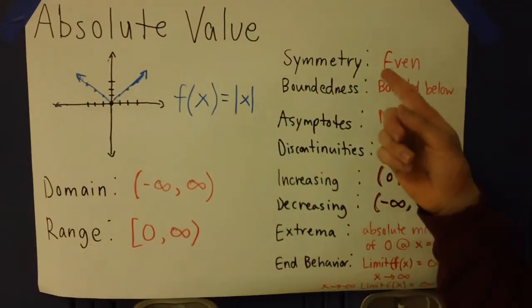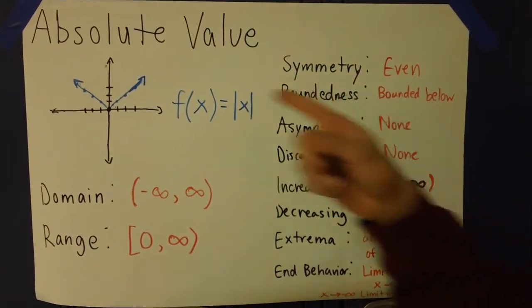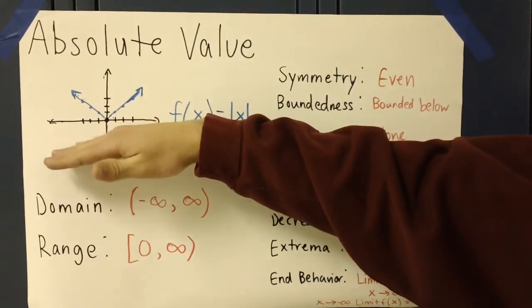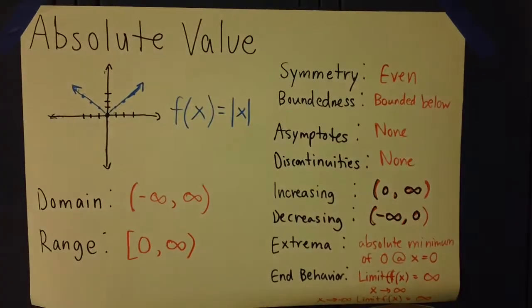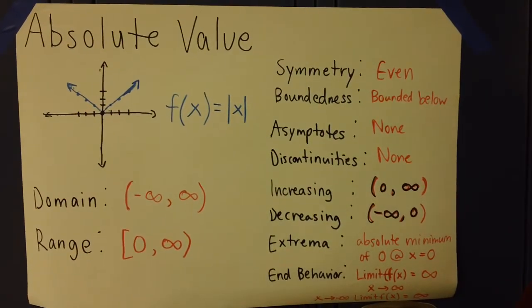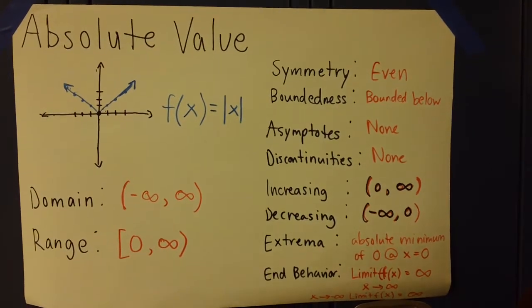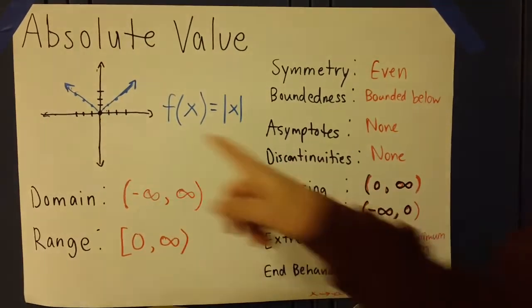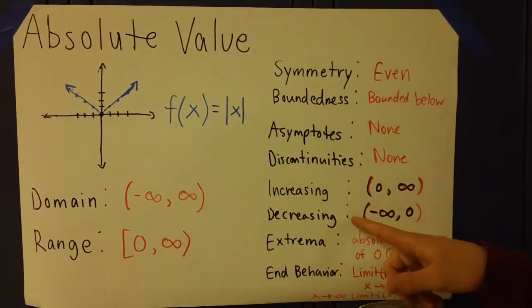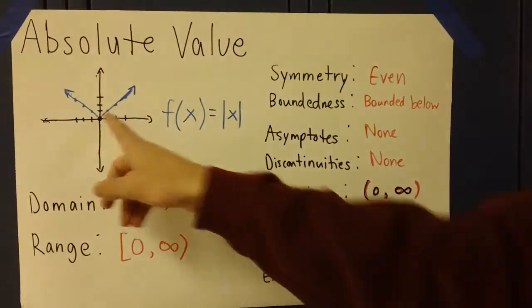And then for symmetry, it's even. Boundedness, it's bounded below because you can put something here and nothing goes through it. For asymptotes, there are no asymptotes and no discontinuities. And it increases here from 0 to infinity, and then it decreases from negative infinity all the way to 0.